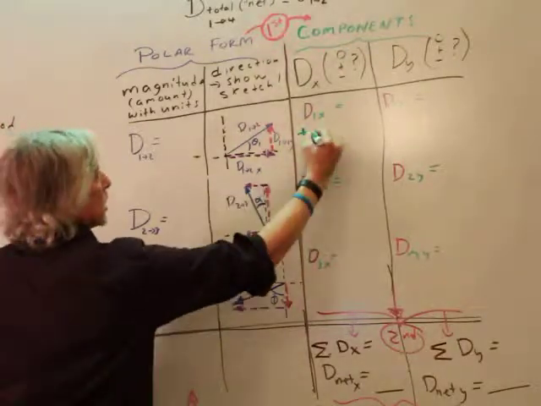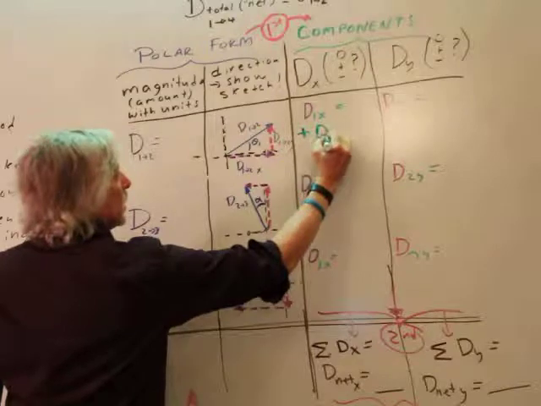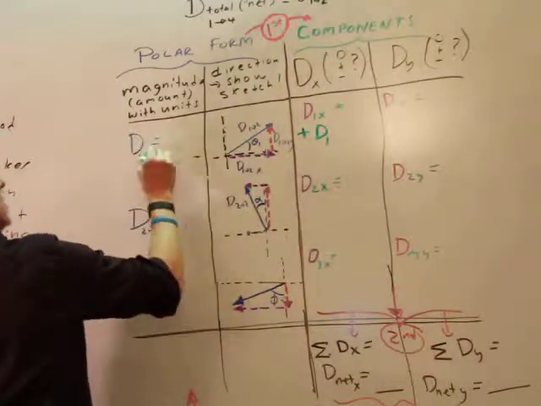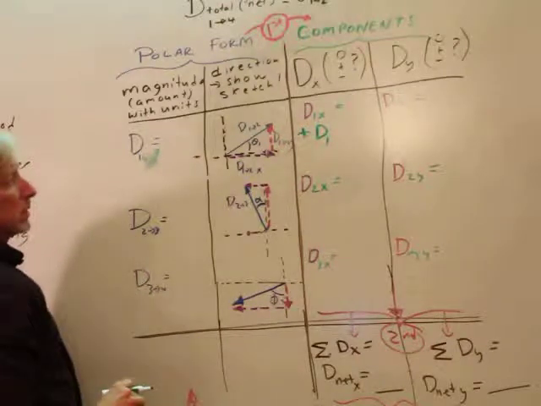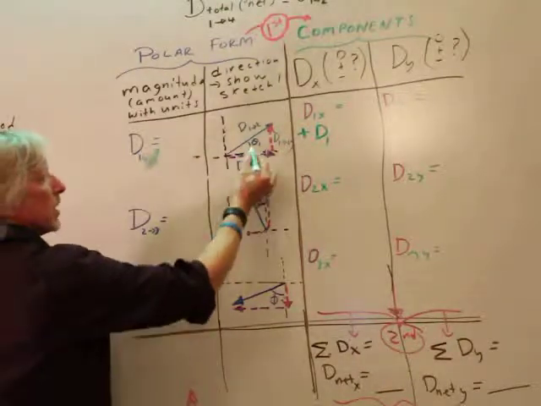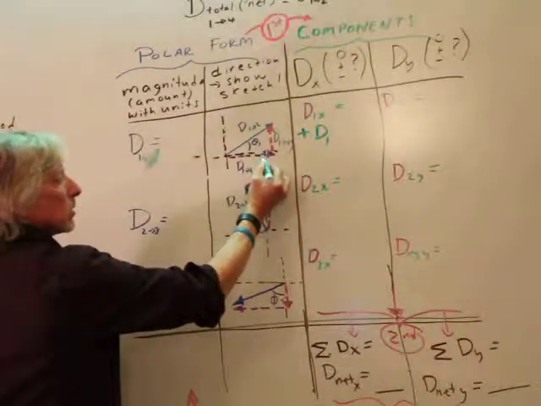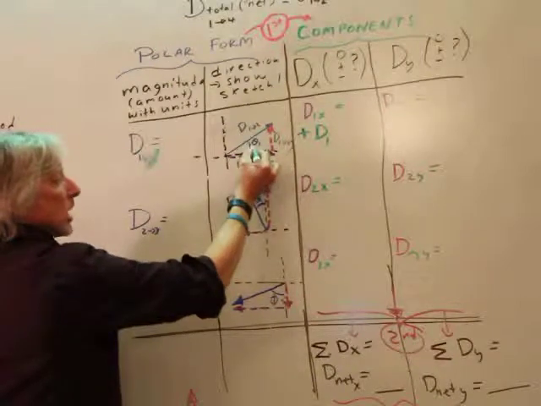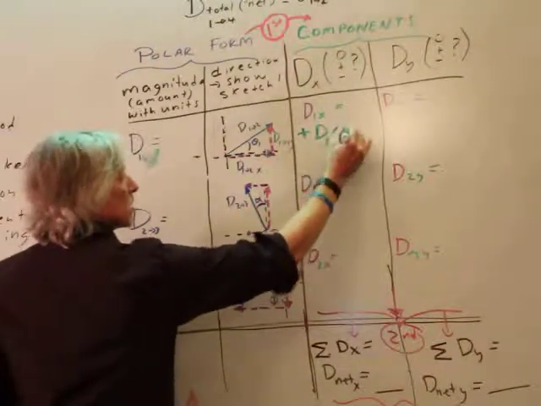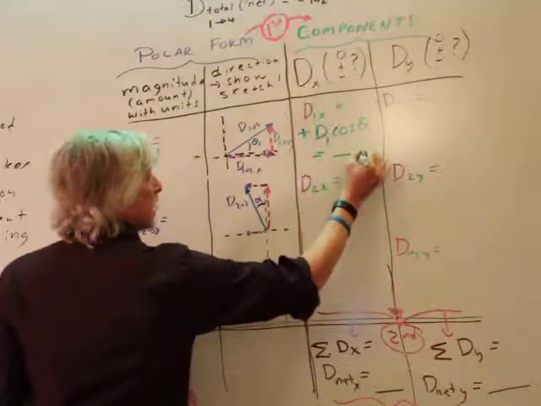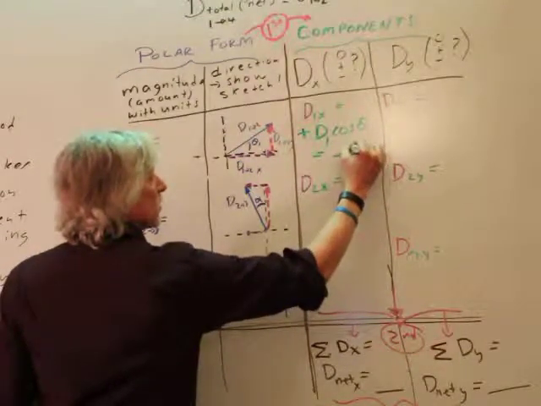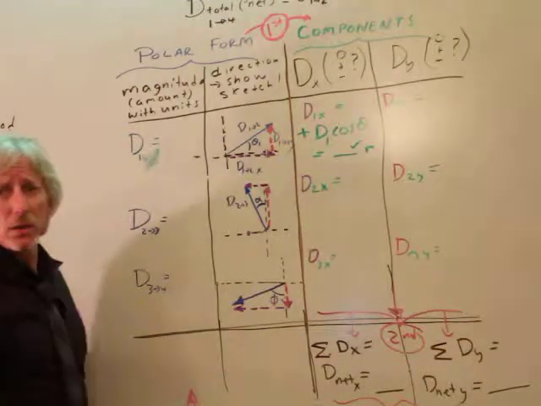How much? It's going d1 or d1 to 2. So I'm going to call that d1 now. Oops, I better not put an x in there. And if I use this angle, do I use cosine or sine? It's adjacent, so cosine theta 1. And if I have a number, some meters or whatever, put it in, fine.